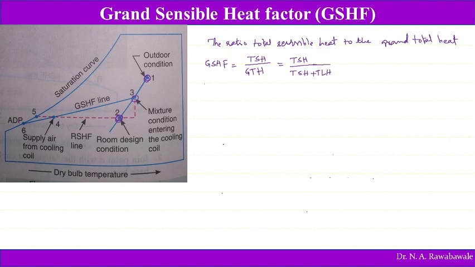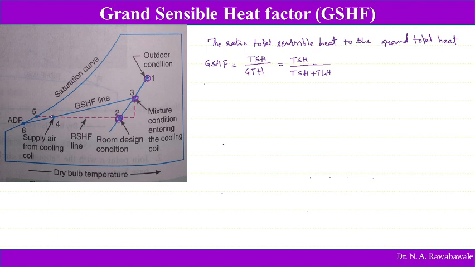When this mixture enters the cooling coil or conditioning apparatus, it is cooled and dehumidified, so specific humidity is reduced and it is cooled. Point 4 shows the supply air leaving the conditioning apparatus.